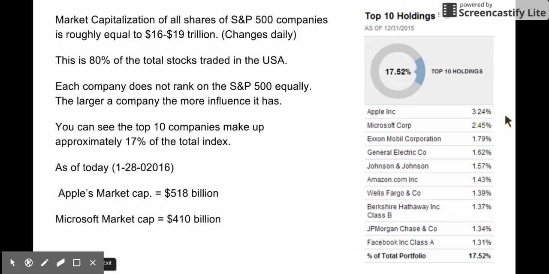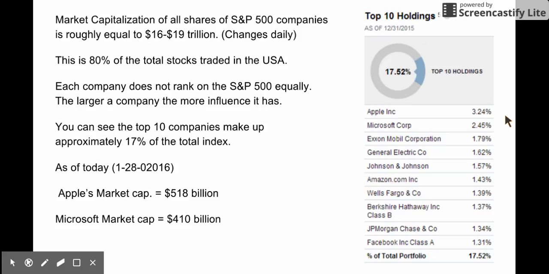So this is just a snapshot from my 401k of the information in the S&P 500 index that I have some of my 401k in. You can see that the total market capitalization of all the S&P 500 companies is anywhere between 16 and 19 trillion dollars. Obviously, that's changing daily.